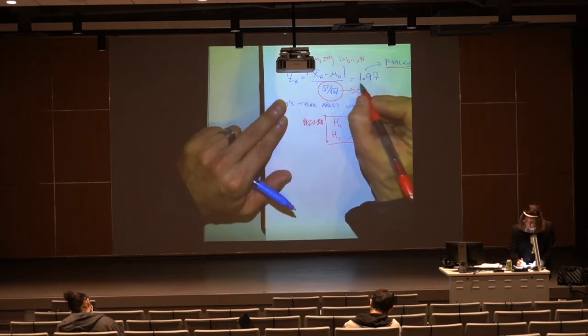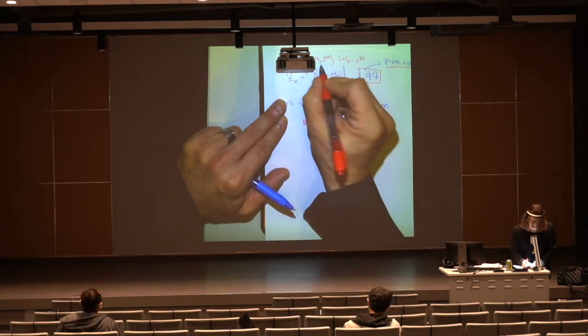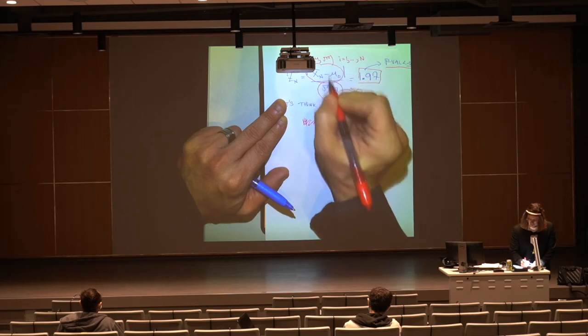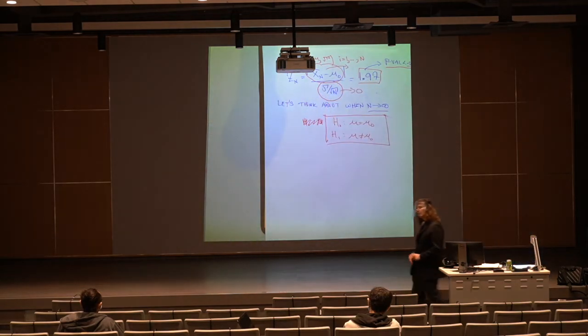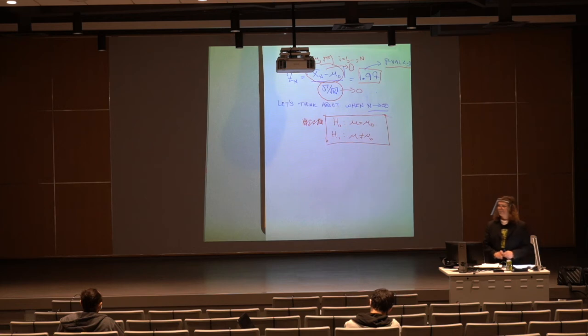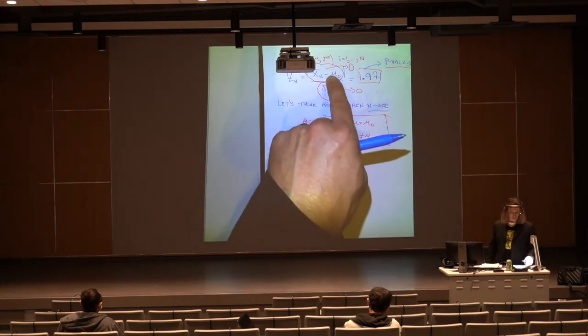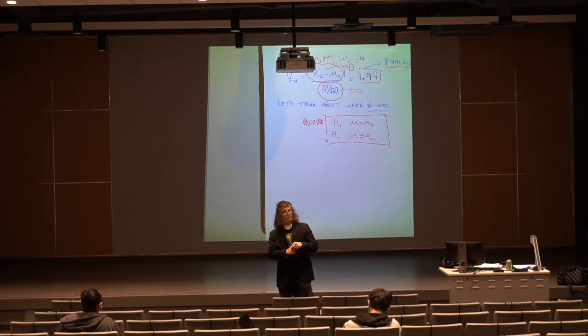So if this is going to be 1.97, and the denominator is converging to 0, what does the numerator need to be converging to? Also to 0. So what does this mean when it's 1.97? It means the numerator is converging to 0 1.97 times faster than the denominator is converging to 0.